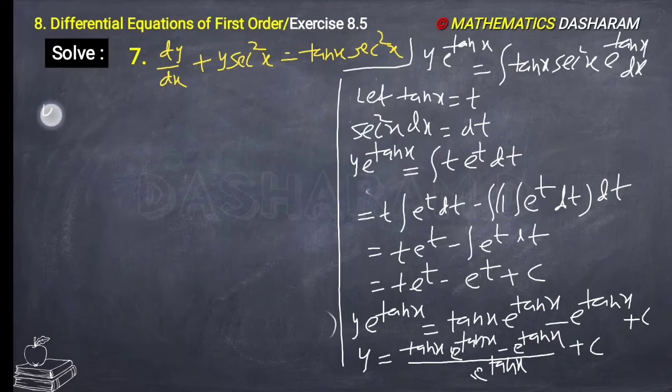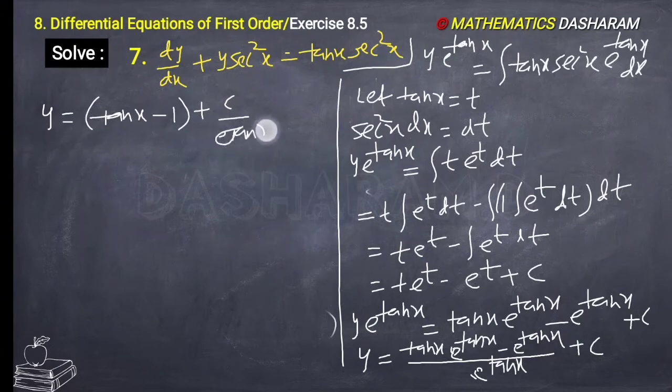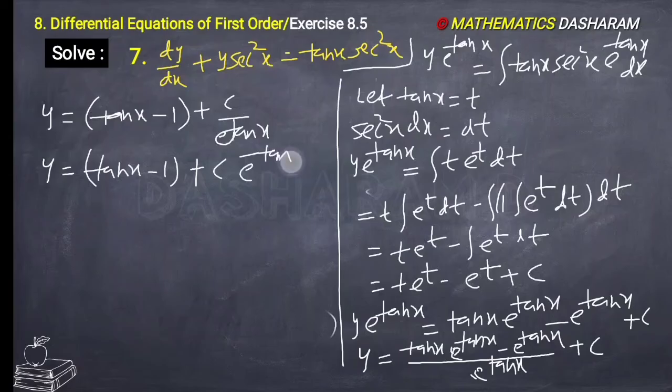So y equals to, split into two fractions. Then we will get tan x minus 1 plus c by e power tan x. Next y equals to tan x minus 1 plus c into e power minus tan x. This is our required answer.